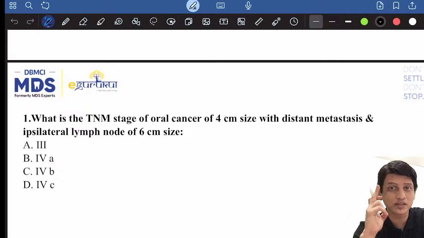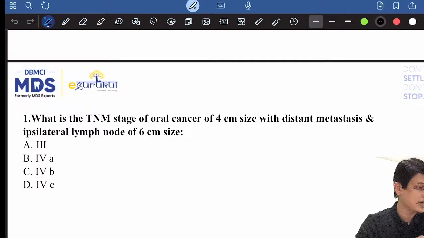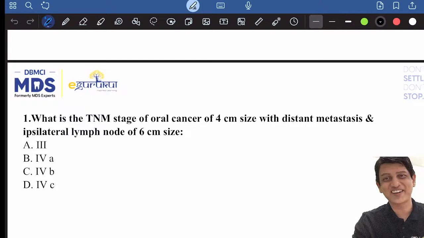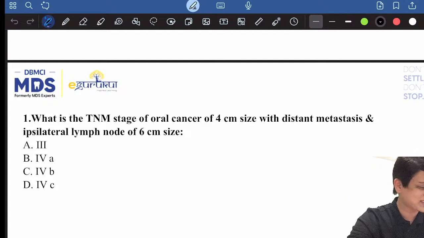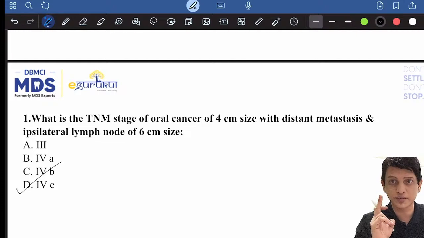So its possibility is only one. M1 comes in only one stage. Any idea which that is? What is the answer? Can you post it in the chat section, please? The answer is very good. Desi Doctor, Dhanashree, all of you, not even a single wrong answer. That's what makes me astonished about my students. They're always right about general surgery. So the answer is 4C. Why 4C? M1 comes only in 4C.